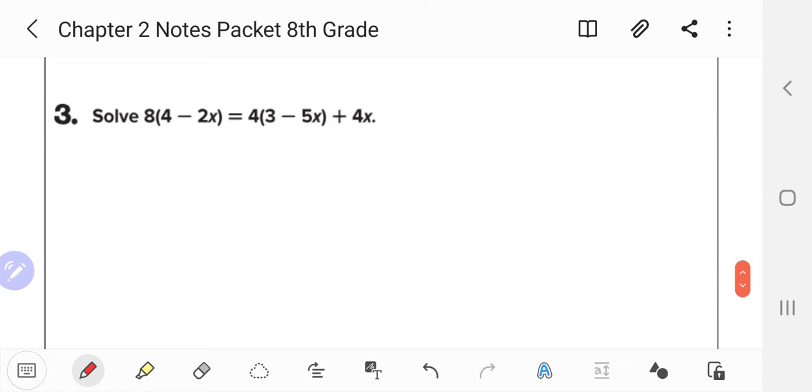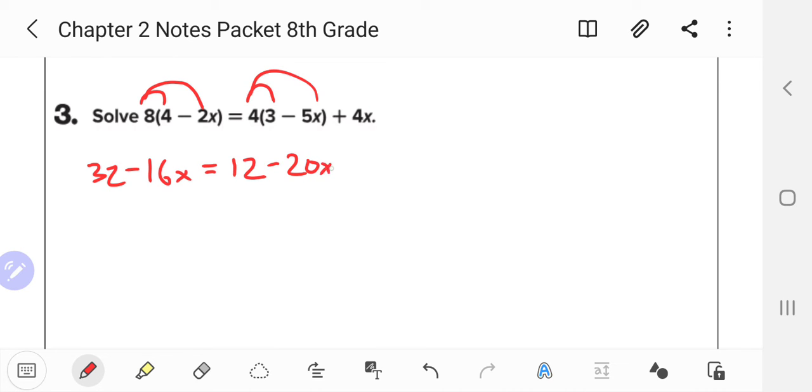Let's try another one. Here we go. First step is to simplify. Distribute. We have 32 minus 16x equals 12 minus 20x plus, bring down this guy because he's not getting distributed to. He's not in the parentheses. Is there anything else to simplify?